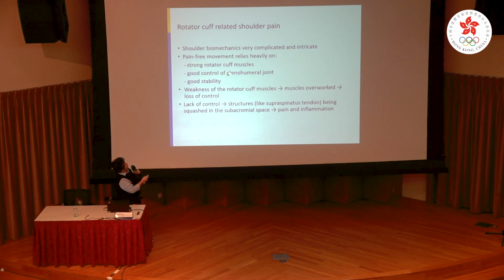So what do pain-free movements rely on? We already talked about the importance of the rotator cuff. Firstly, very strong rotator cuff muscles to protect the joint. Second, good control of the glenohumeral joint, and then the third one is stability.